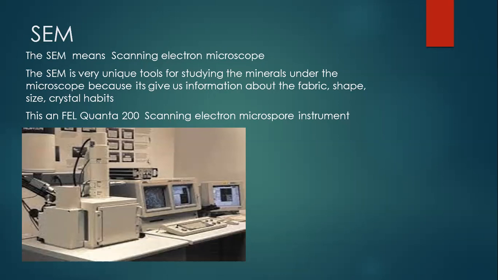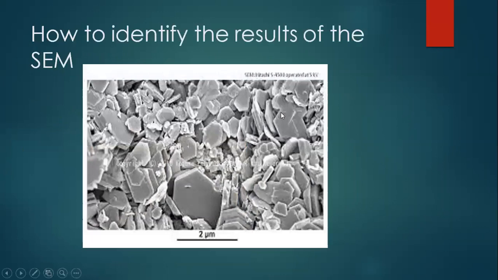This shows an instrument that we use for scanning electron microscopy, called the FEI Quanta 200 scanning electron microscope. And as I said before, there are a lot of instruments for the scanning electron microscope. So if we have this sample and we want to identify it, how can we identify it?